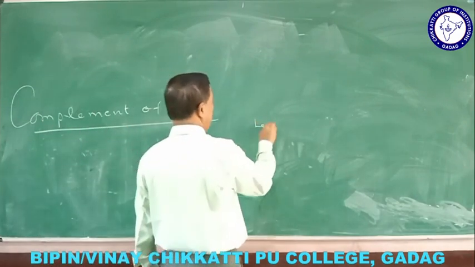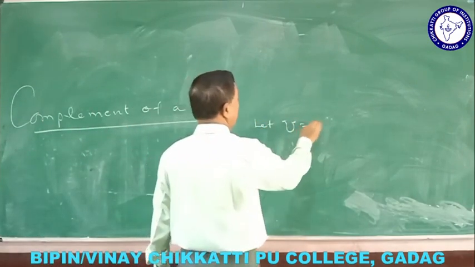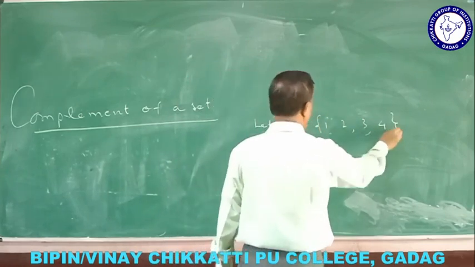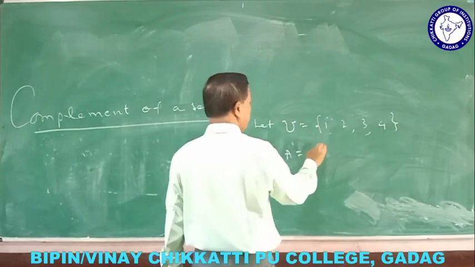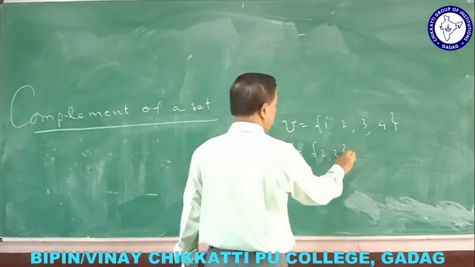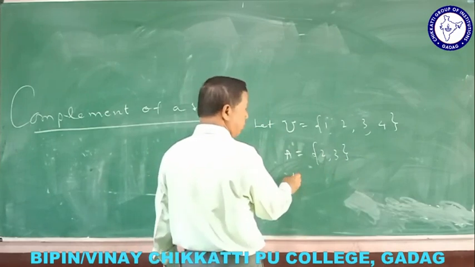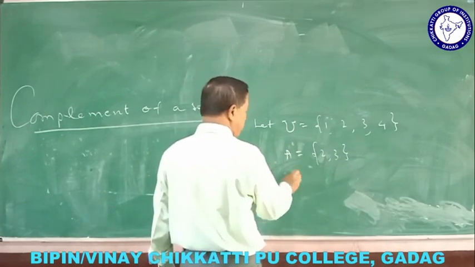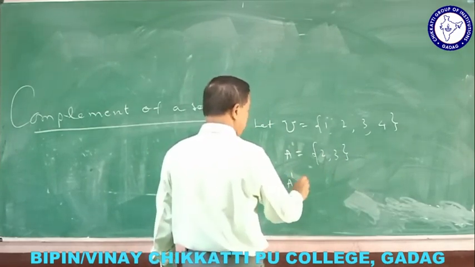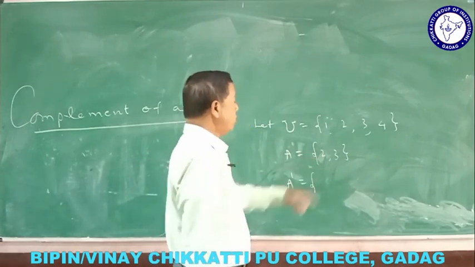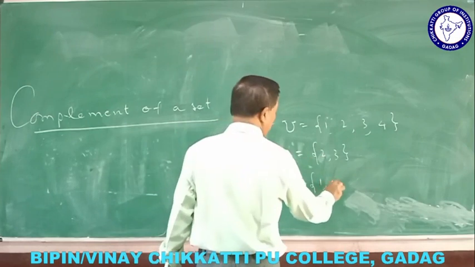Suppose the universal set is 1, 2, 3, 4, and A is the set, for example 2, 3. The complement of set A is denoted by A prime, or A to the power C, but here I am writing a dash. This is nothing but only those elements excluding 2 and 3, that is 1, 4.